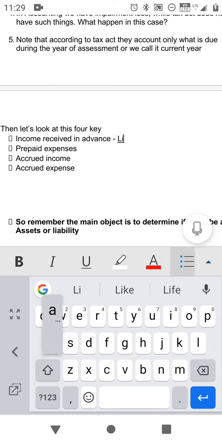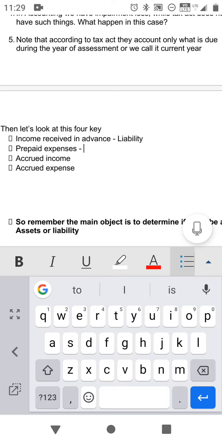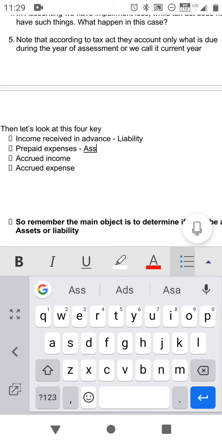This is a liability. Then an expense that we paid in advance, which we haven't used, is an asset, because if that person does not perform that service to us, we can claim that amount back.